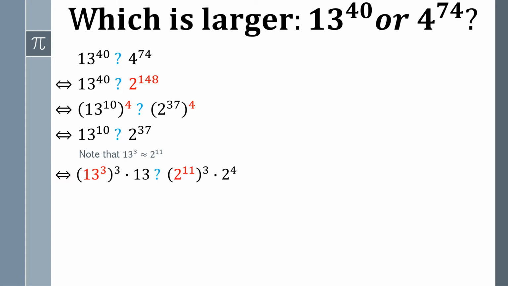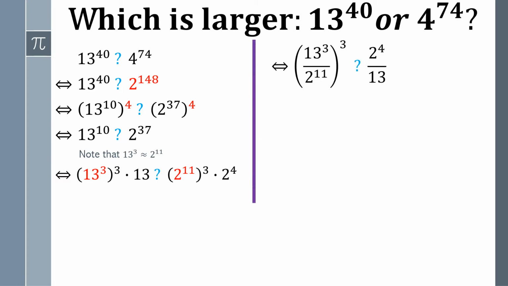In the next step, 2 to the 11th power to the 3rd power will be moved to the left side, and 13 will be moved to the right side. Then we calculate both numbers, 13 to the 3rd power and 2 to the 11th power, then get 2197 over 2048 to the 3rd power. That's the left side.